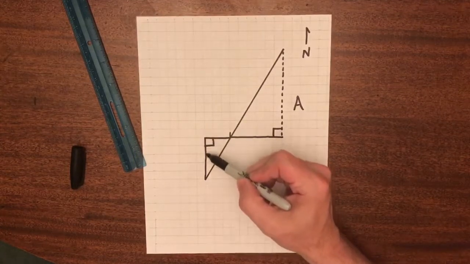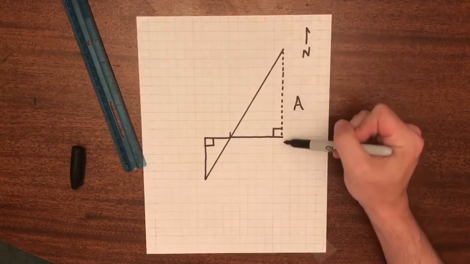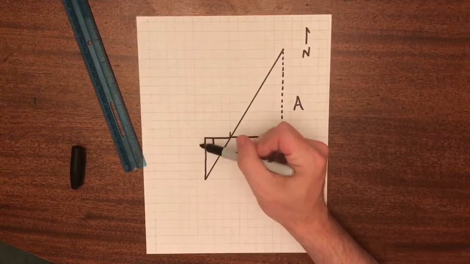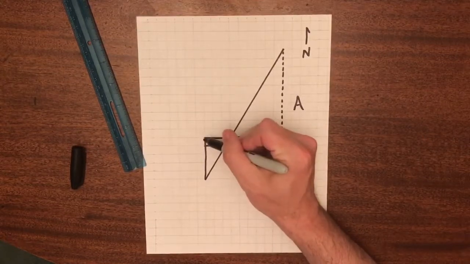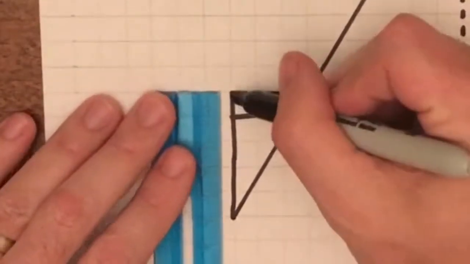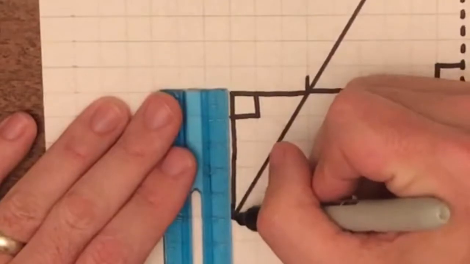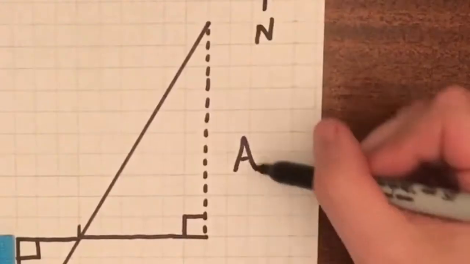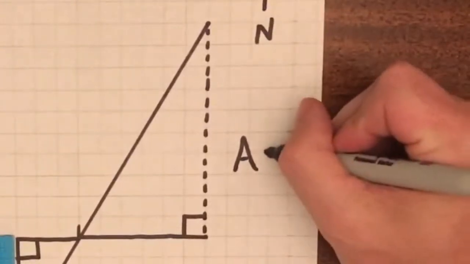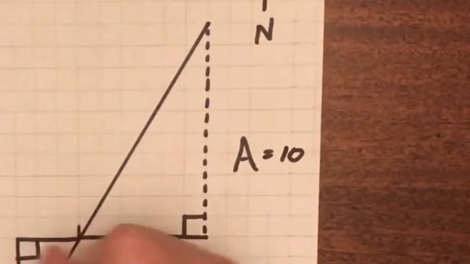And that means this distance will be half of distance A. So all you need to do is pace it out. We'll use it by centimeters. This distance is 1, 2, 3, 4, 5 centimeters. So that means A should equal 10 centimeters.